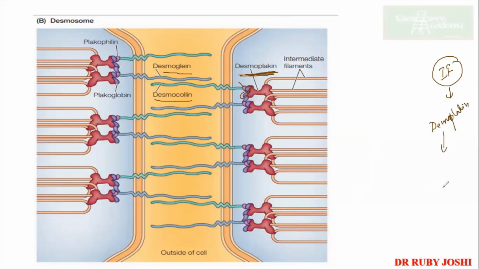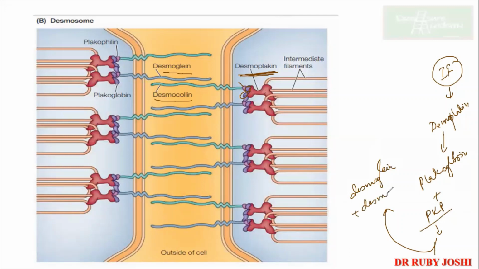They are attached to your plakoglobin plus plakophilin. It is written as PKP, plakophilin. Now these are then attached to your desmoglein and desmocollin.